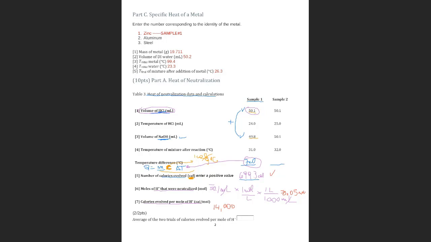But because you have to write it in a different way, I think you have to write it 1.4. But you will have a different number though. What's important is that I wrote it this way. So basically you divide the calories by the moles and that's it. So this is what you are going to do in part A.